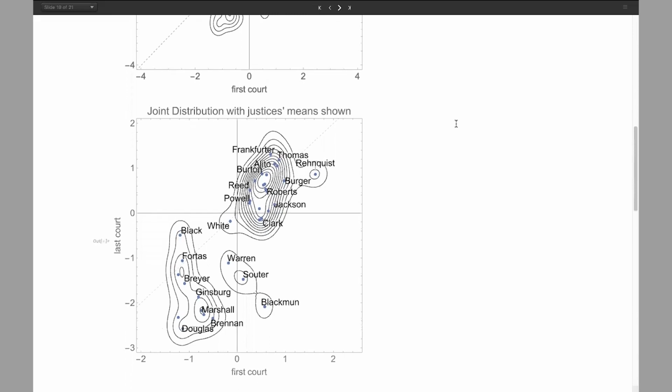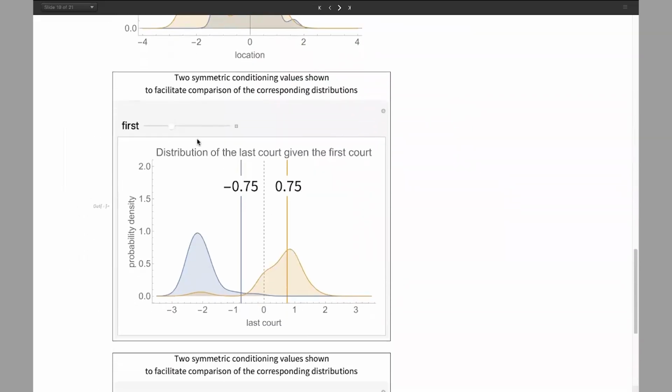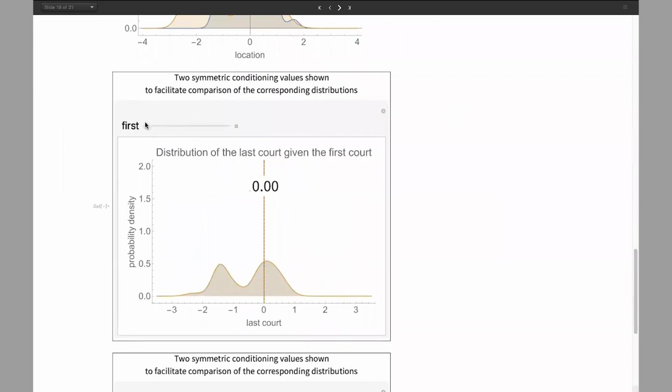And I've been told to stop, so I will stop as I show you this here, which I should have gotten to sooner, and I apologize. These are conditional distributions that say, if you started somewhere, what's the probability you would end up there? And the point is, if you start on the left, you end up farther to the left. And if you start on the right, you tend to stay around there. Thank you.